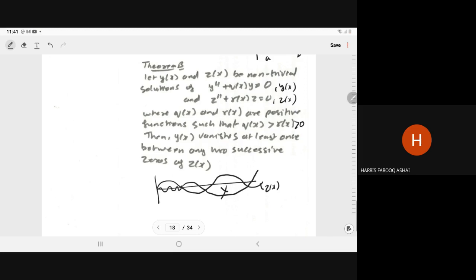This situation will not come. We can have more than one zero of y.